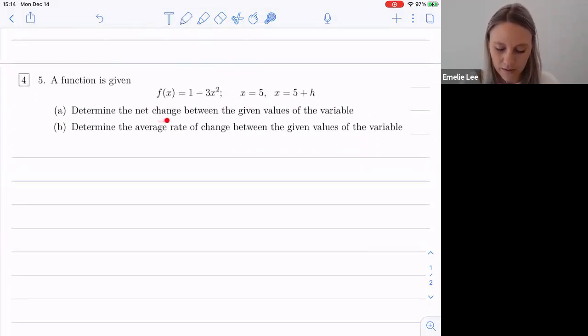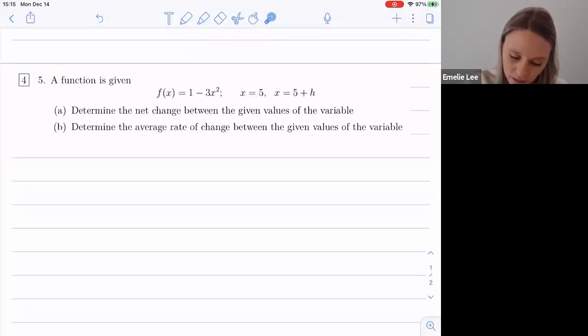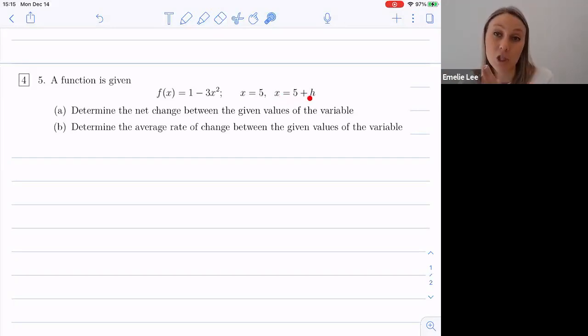So we need to remember what the net change is and what the average rate of change is. The net change is f of b minus f of a, b being the rightmost point. So here, if we're talking about x equals 5 and x equals 5 plus h, a is 5, so our starting point is 5, and then we've moved h units to the right.